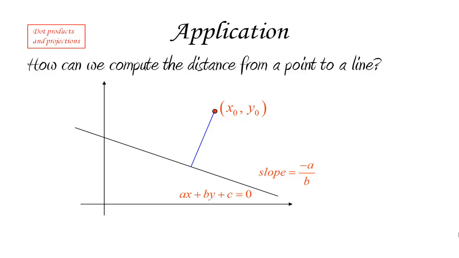So how are we going to do it? Well, one way we can do it is we can construct the equation of the line which is perpendicular to the given line and goes through the point x0, y0, then find the intersection of that line with the given line, and then use the distance formula to find the distance between those 2 points. That's a fairly lengthy procedure. There's another way of doing it that involves calculus. One thing we can do is figure out the distance between x0, y0 and the generic point on the line, and then look for the minimum.